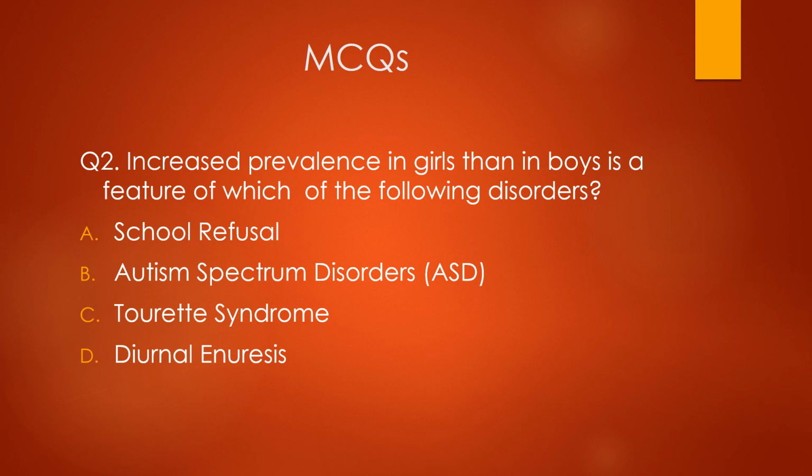And the correct answer is D. Diurnal enuresis. This is more prevalent in girls. School refusal is equally prevalent in boys and girls, while B and C are more common in boys.